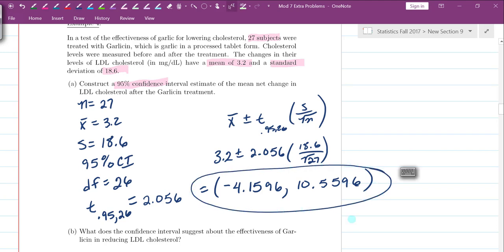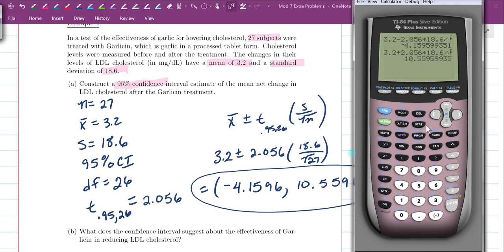Let's go ahead and double check and show how we do that in the TI-84. So you hit stat, you're going to come over to the test, you're going to scroll down till you get to T interval, and you're going to hit enter. We're going to do statistics, and we're going to have a mean of 3.2. We're going to scroll down.